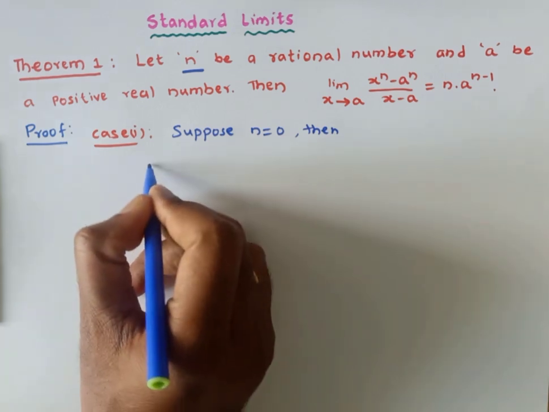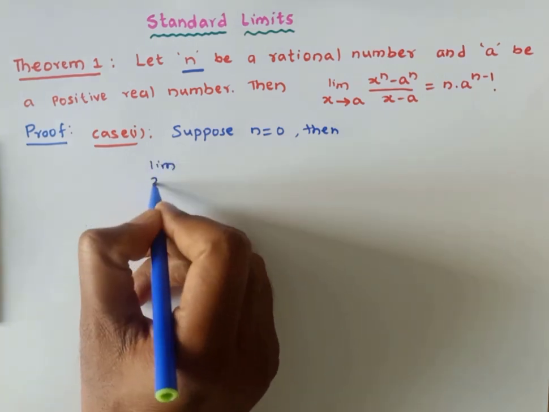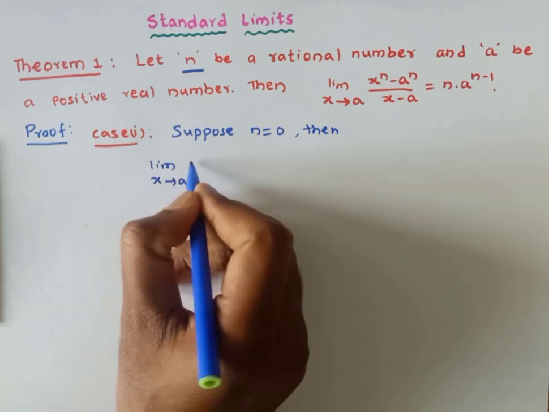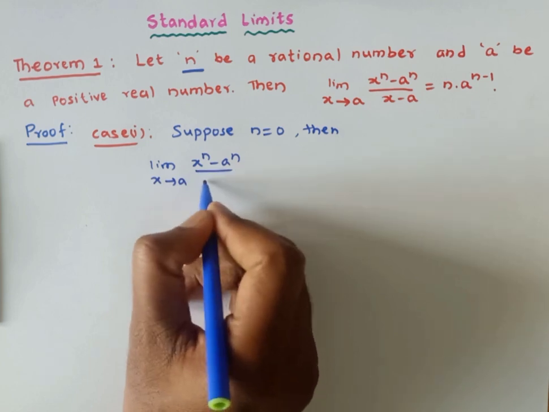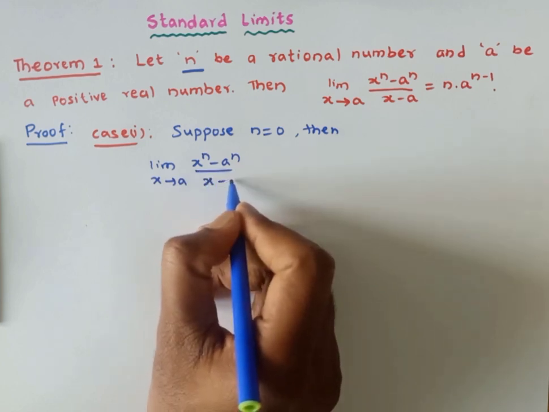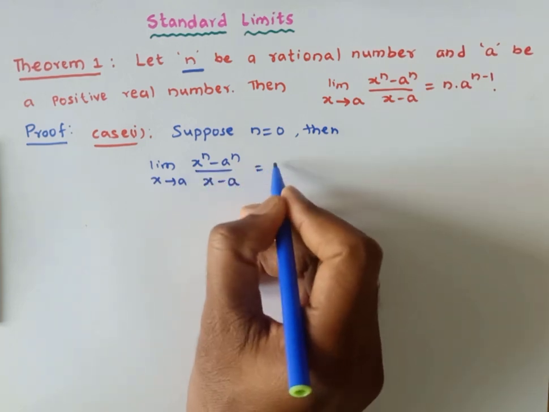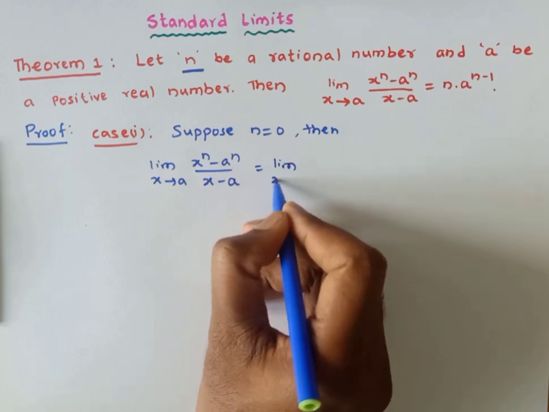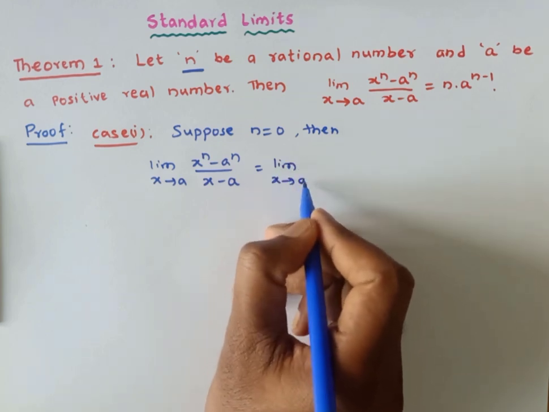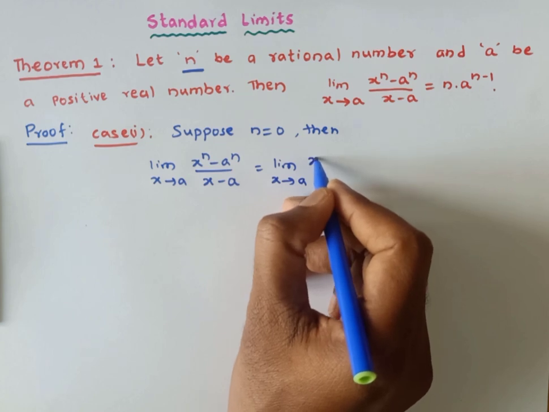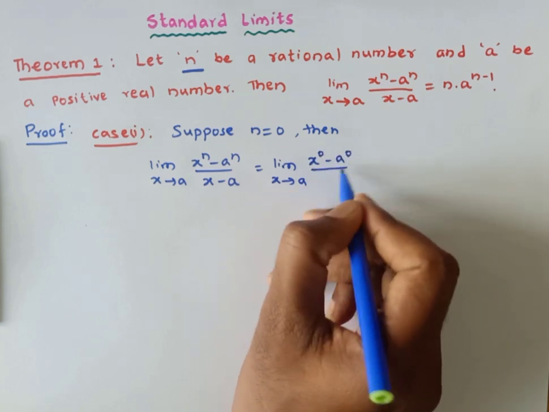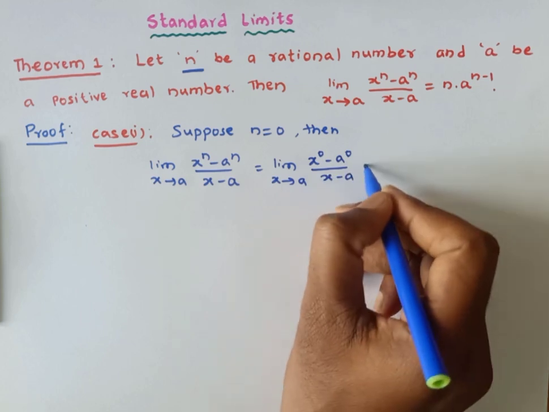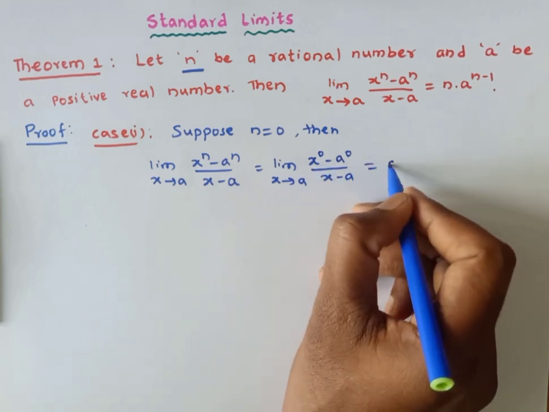Here the value of n is 0. So it is x to the power of 0 minus a to the power of 0 divided by x minus a, which means 1 minus 1, so 0.